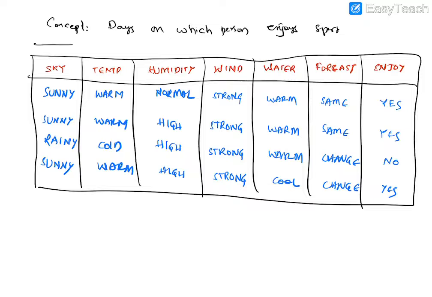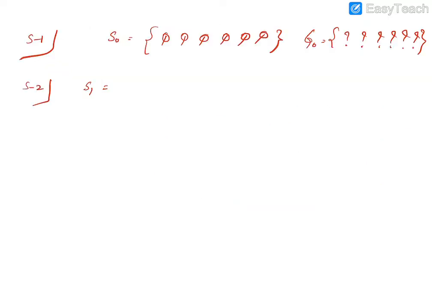So here, what I am going to write is S1 equals sunny, warm, normal, strong, warm, same.